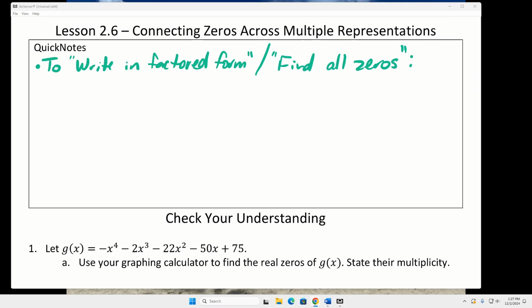But these are the steps you'll do to do both of those different things. All right, the first step is pretty easy. You just need a calculator to do it though. So the first thing we're going to do is find the real zeros.